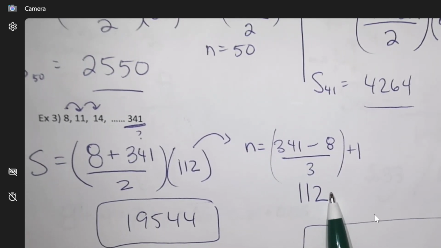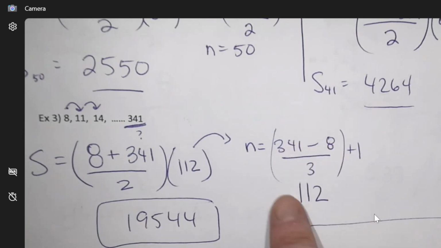What if you get an answer of 52.5 terms? You can't have a half term. So if you have a decimal on this, something went wrong. Go back, figure out what you did. I get that on a test, and I keep telling people that's a red flag. Understand that you can't have fractional terms, you can't have part terms, and you can't have negative terms. So whatever you get there should look like a nice positive number, right?